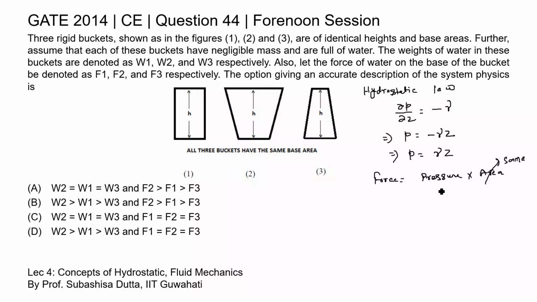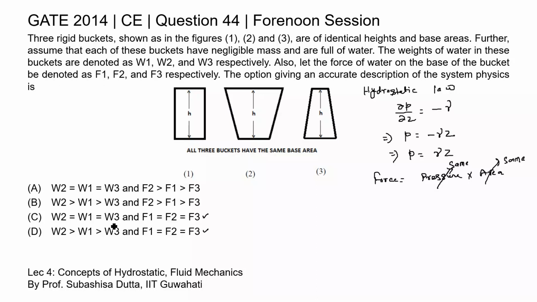So, we can say the pressure will also be same for all these three buckets. Why? Because the height is same or depth is same. So, we can say if pressure and area are same for all these three buckets, obviously forces will be same for all these three buckets. So, in the options, if we see, the forces are same given in option C and D.